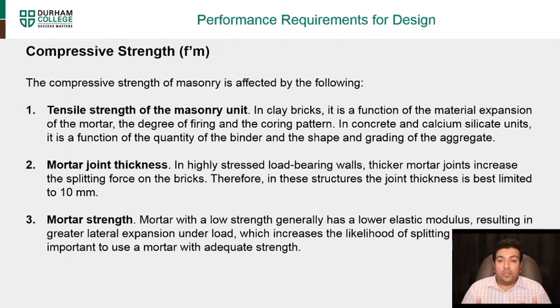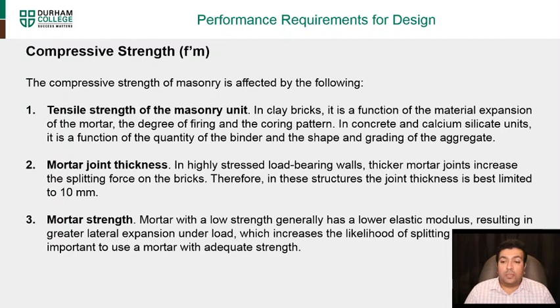The tensile strength of the brick masonry unit is a function of the material expansion of the mortar, the degree of firing, and the coring pattern. For the mortar joint thickness, in highly stressed load-bearing walls, thicker mortar joints increase the splitting force. Therefore, for these structures, the joint thickness should be limited to no more than 10 millimeters, right?